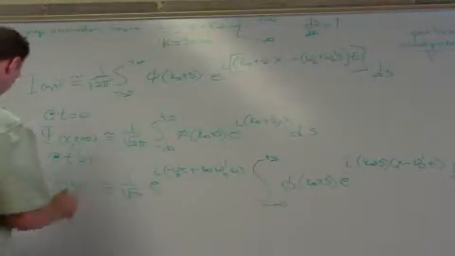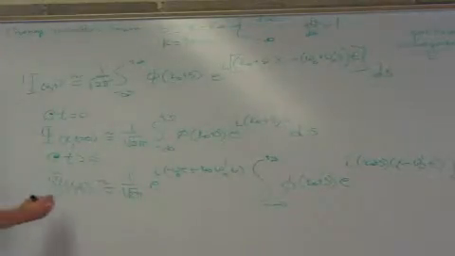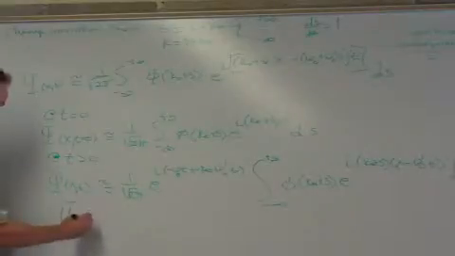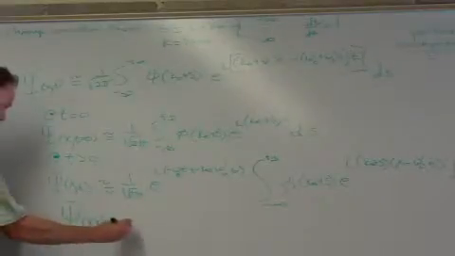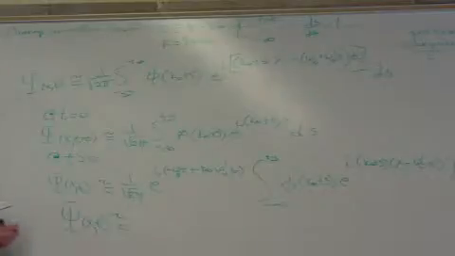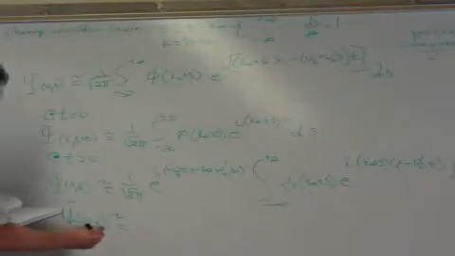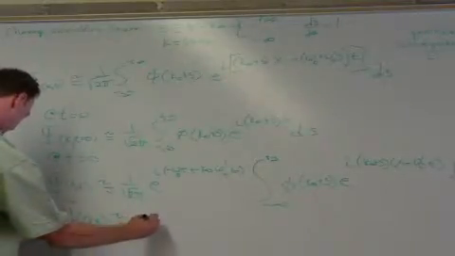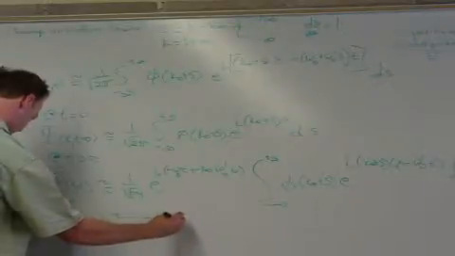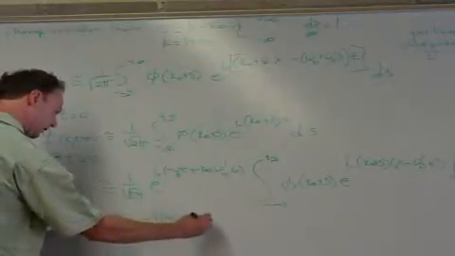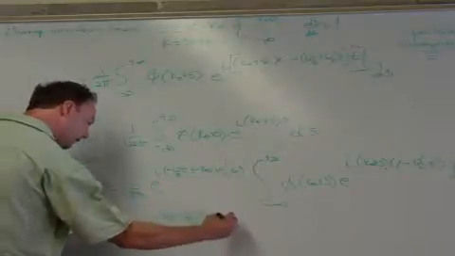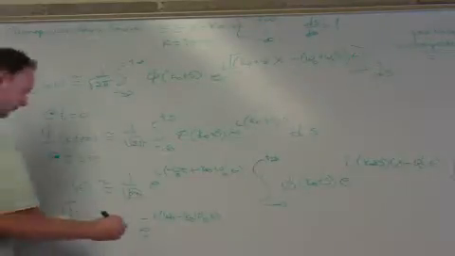If you look at this, you can say x of t is approximately equal to, you ready? It's equal to e to the minus i omega naught minus k naught omega naught prime t, times, you ready?